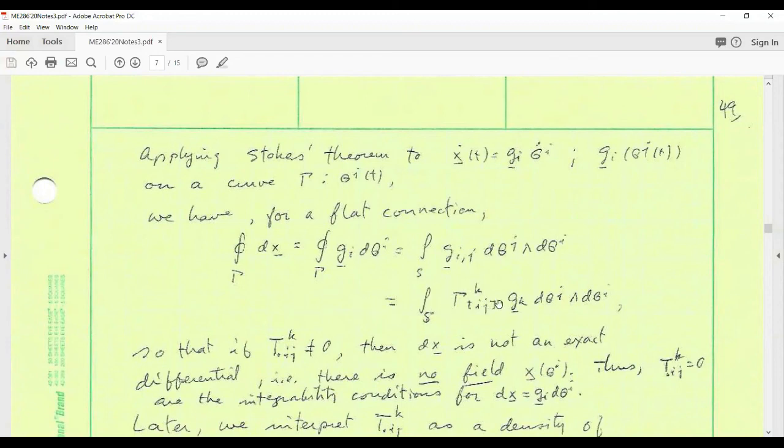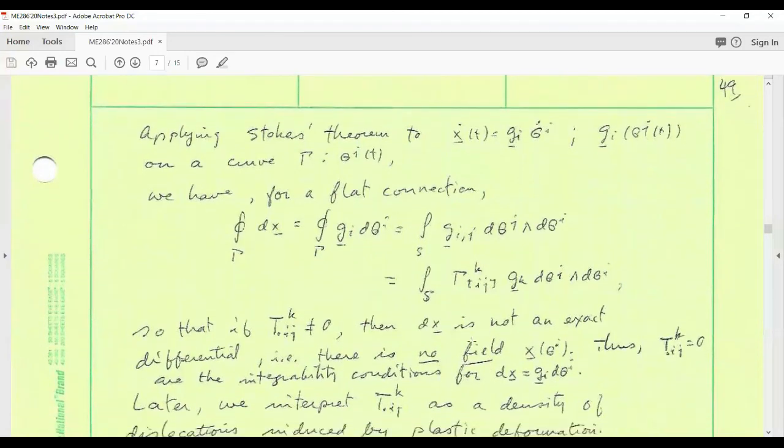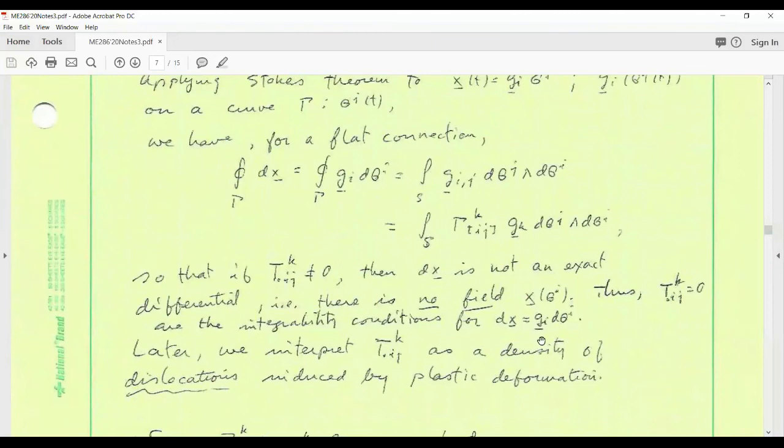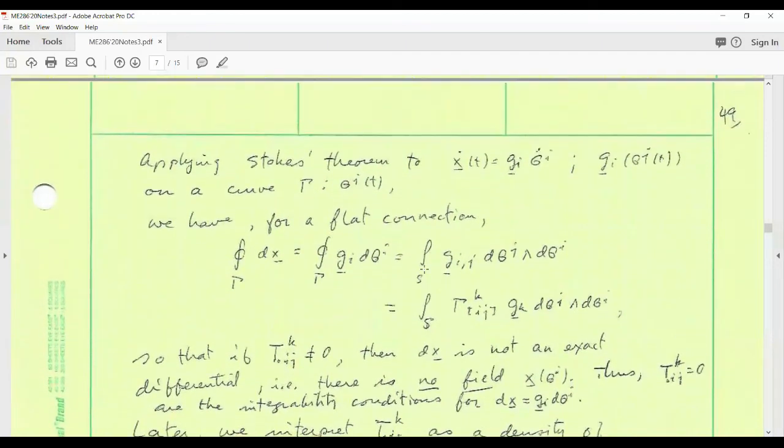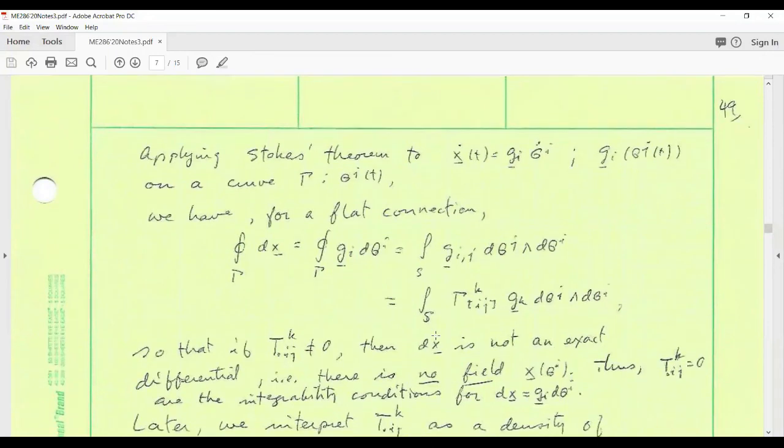So if the torsion tensor is non-zero, then this surface integral will generally be non-zero, which means this will be non-zero, and dx is then not an exact differential, which means there's no position field associated with this dx. In other words, the equation dx, which is essentially this on the curve, is not integrable to give a vector field in the entire space.